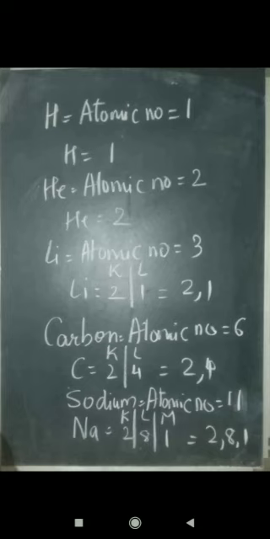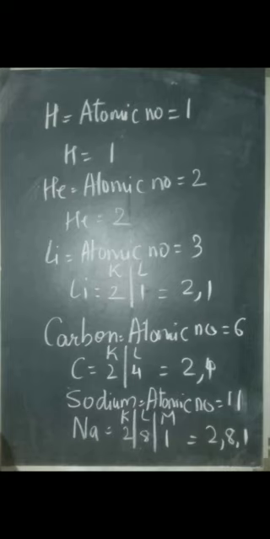Now let us see lithium. Lithium is having atomic number 3. That means in lithium, K shell will have 2 electrons and the 1 electron which remains goes to the L shell. So it will be 2, 1, because the maximum capacity of K shell is 2.